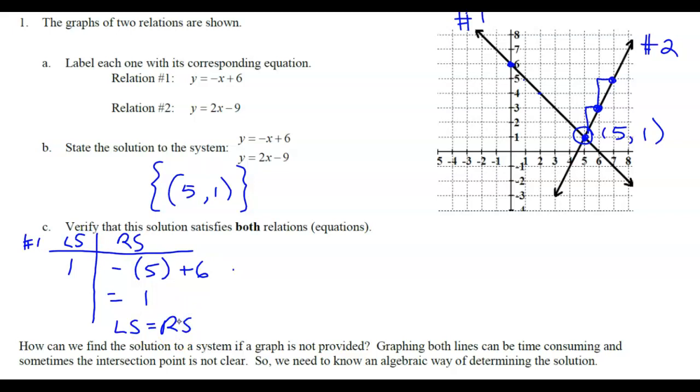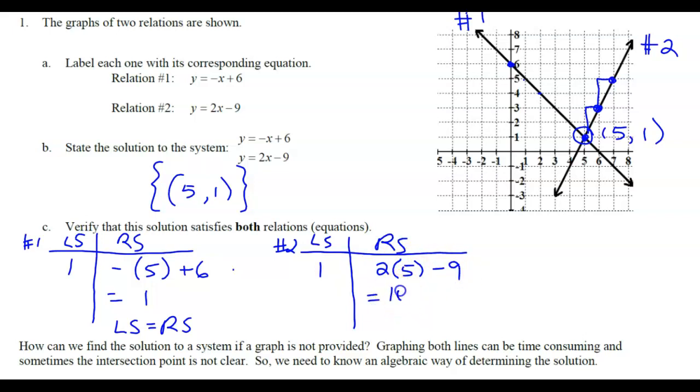Because we've graphed them, providing that they're graphed correctly, we should get that these both satisfy the equations. So left side, right side. The y value again is 1. Then it's 2 times 5 minus 9.